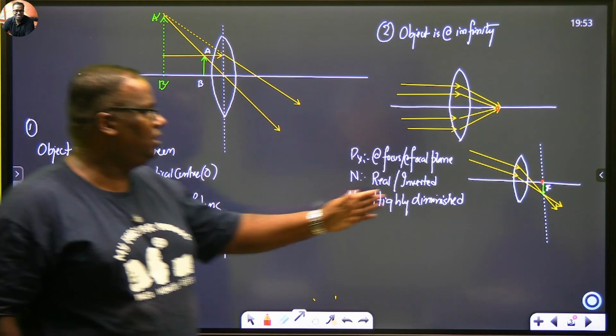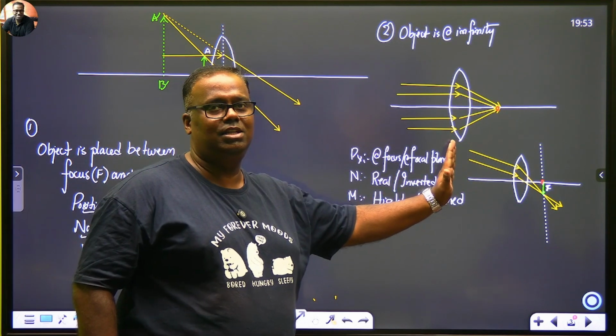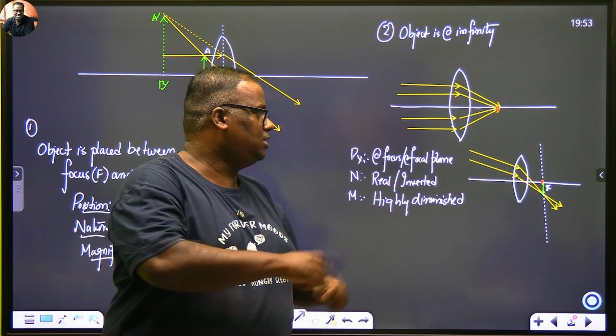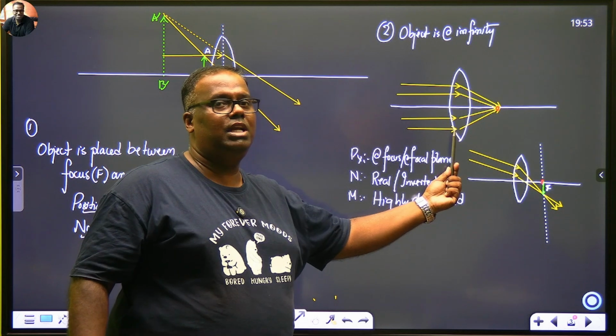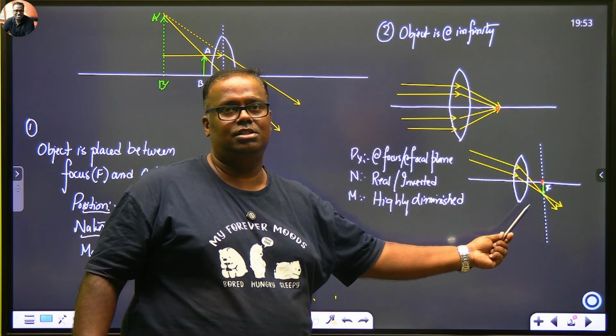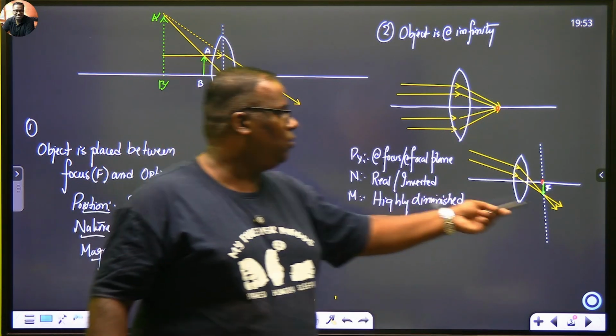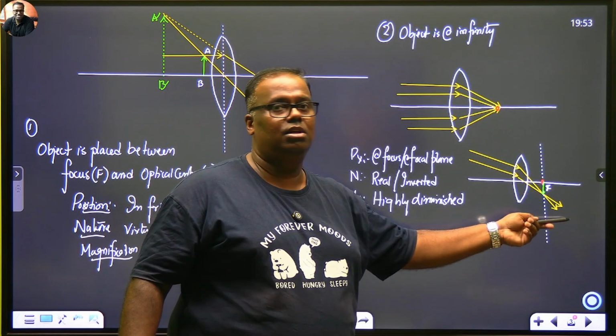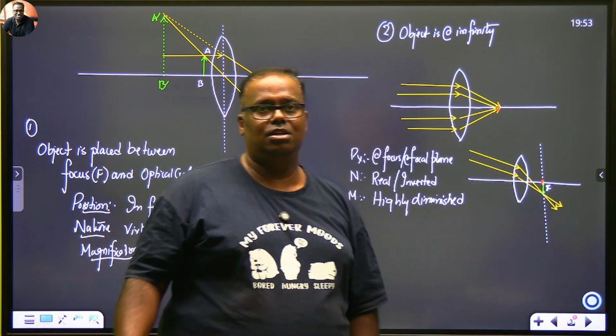Inverted, because the object will always be kept erect. This is the object. The rays are coming from the head of the object. They go and meet below this x-axis. That's why it's inverted.